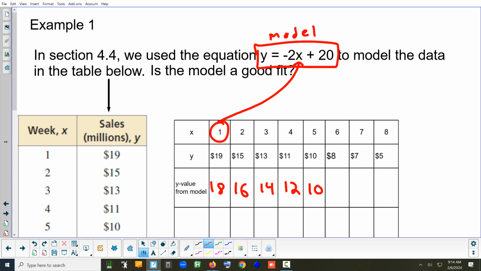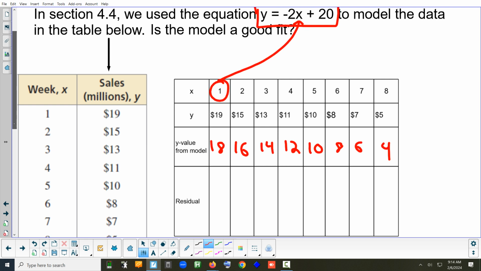It's going down by 2s. So what's the next value going to be? 8, 6, 4. Was there any time that the formula predicted the exact value correctly? Yes, 2 times, actually. It looks like the formula predicted exactly the right value.